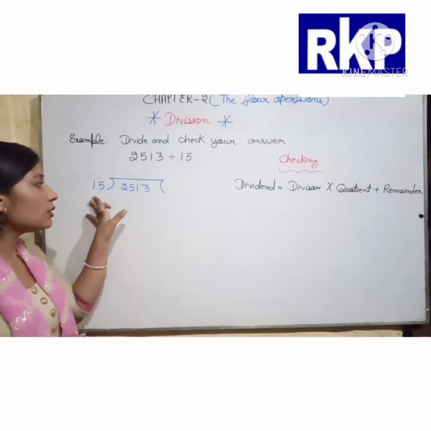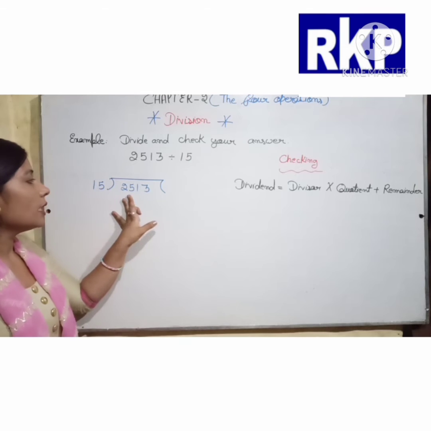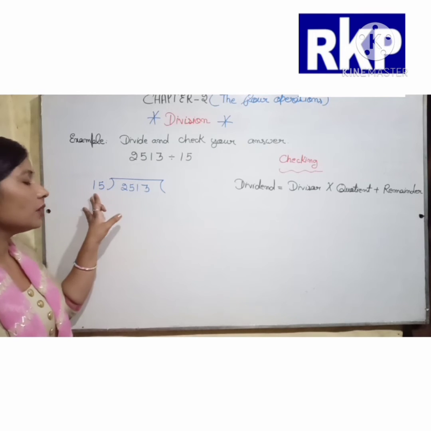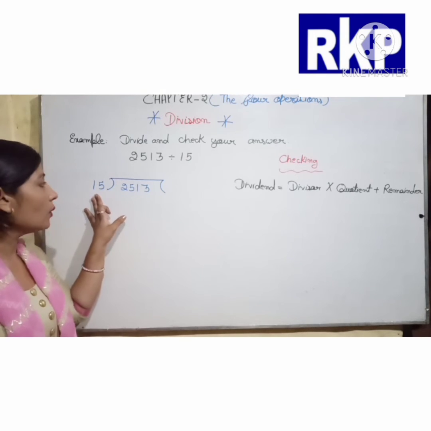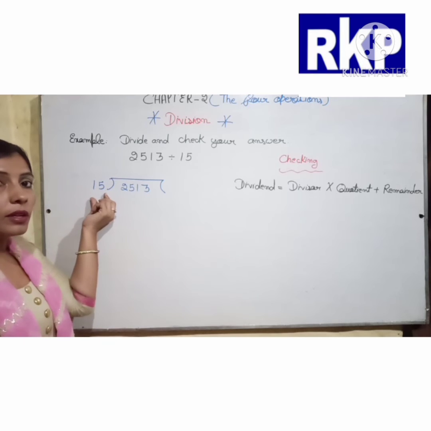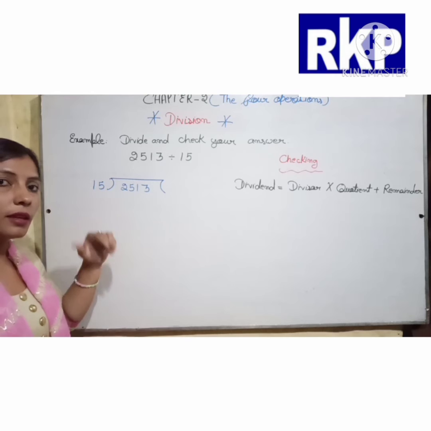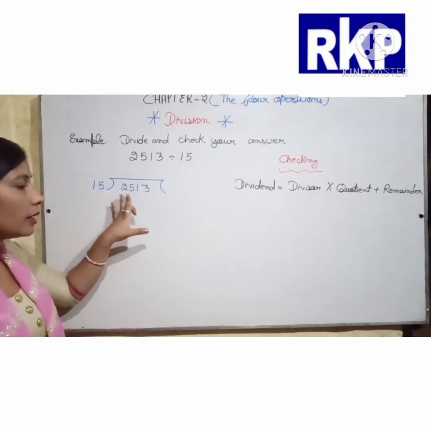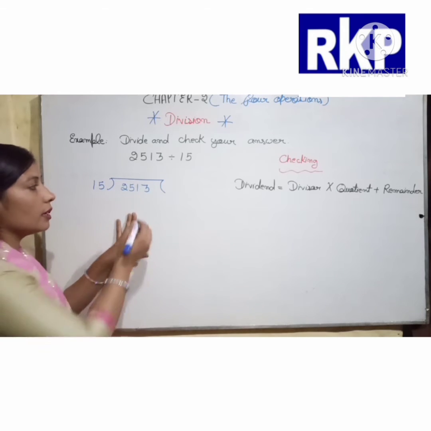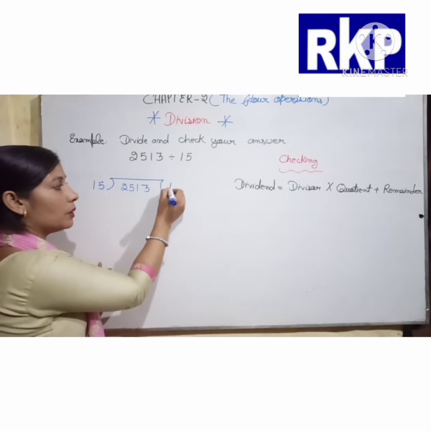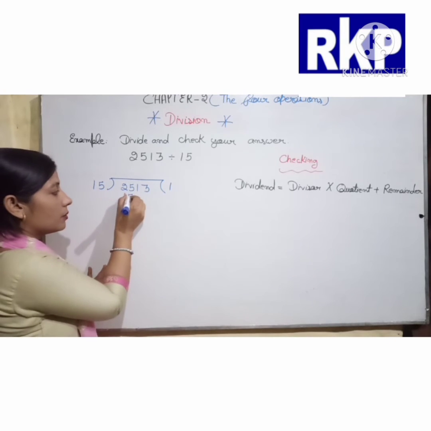So here there is no need to take one more digit. Now we have to divide 25 by 15. So now we have to think about the table of 15. 15 1s are 15, 15 2s are 30. So 30 will be greater than 25. Okay. So we have to write 15 1s are 15.